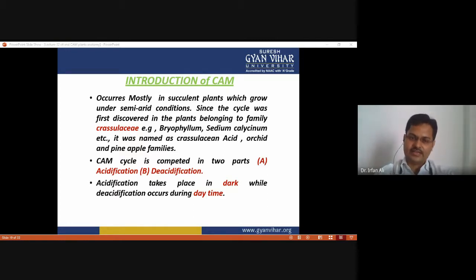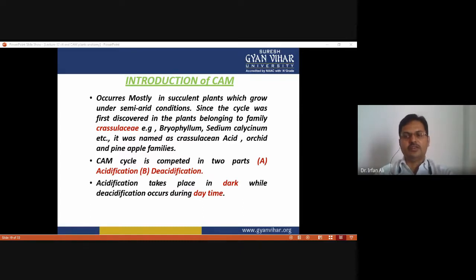Acidification and deacidification. Acidification takes place in the dark while stomata are open, and deacidification occurs during daytime while stomata are closed. So these are the pathways carried out in succulent plants, called crassulacean acid metabolism.